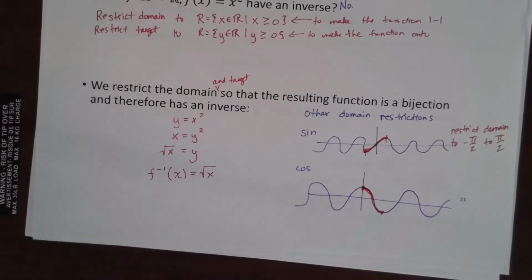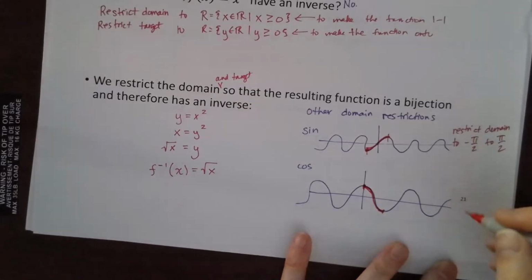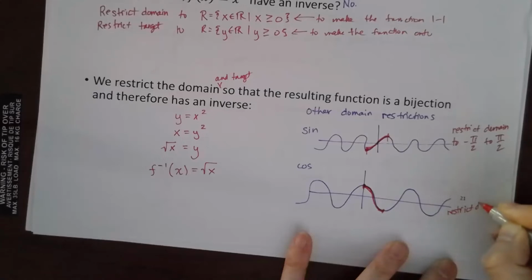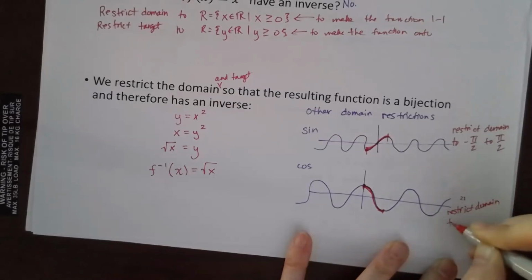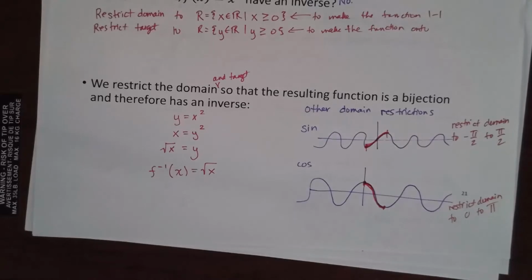That will pass the horizontal line test, and I'll be able to find the inverse of that one. So for this one, we restrict the domain to 0 to pi. Sorry. Okay. So those are familiar examples that you've seen where you've had to do restrictions on the domain in order to make something invertible.